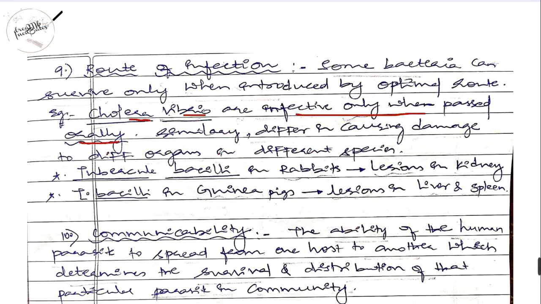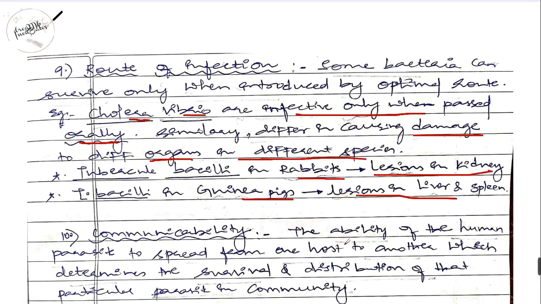Another case here: different bacteria cause damage to different organs in different species. What is it? Tuberculosis bacilli. The same bacteria cause lesions in the kidney in rabbits, while in guinea pigs it causes lesions in the liver and spleen.